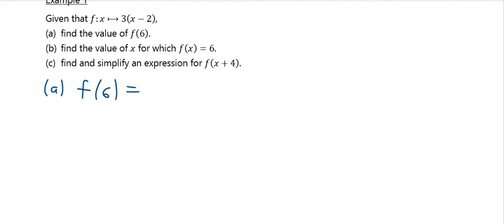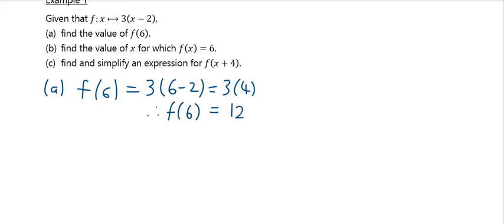You're basically putting x equals 6 into this equation. So 3 times (6 minus 2), which is 3 times 4. Therefore, f(6) will be 12.